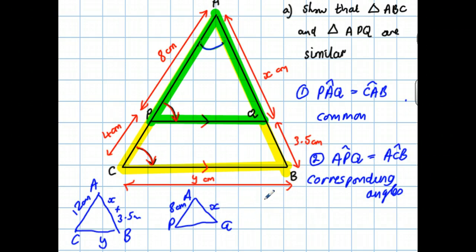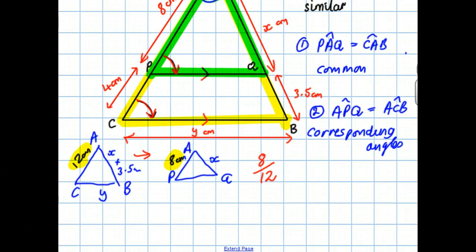Now, from the fact that we know two corresponding lengths, I can work out the scale factor. In going from triangle ABC to triangle APQ, the scale factor is 8/12. Now, how does that help me find X? Well, I have to set up a fairly complex equation.